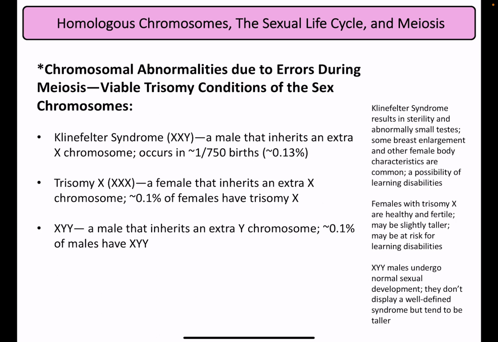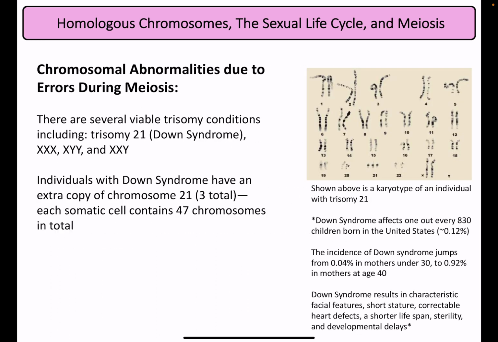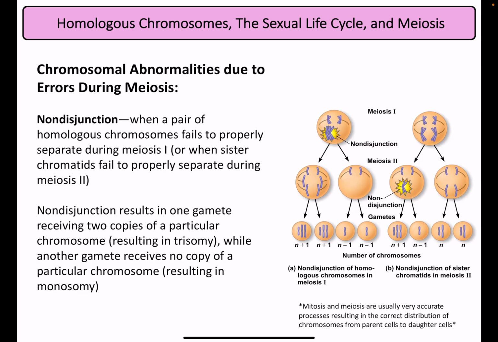So these are our last two slides. First, if you have non-disjunction and you pass on an extra copy of a chromosome to your child, let's just imagine, let's pretend this is chromosome number 21. Let's pretend this is the dad. So he had non-disjunction occur, so he's going to give his child 2 copies of chromosome number 21.